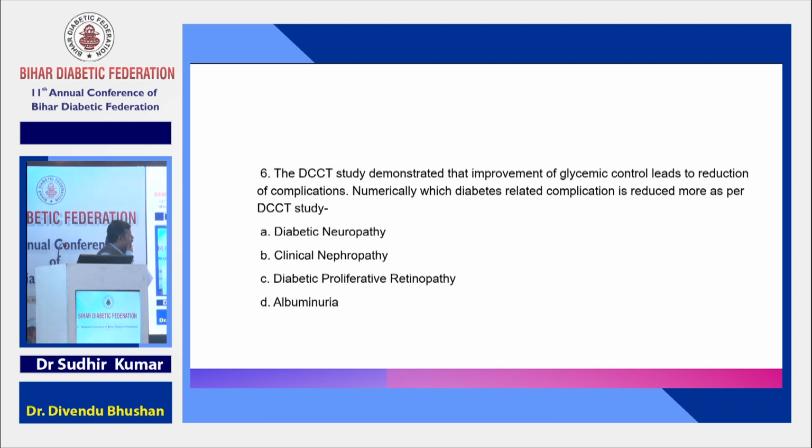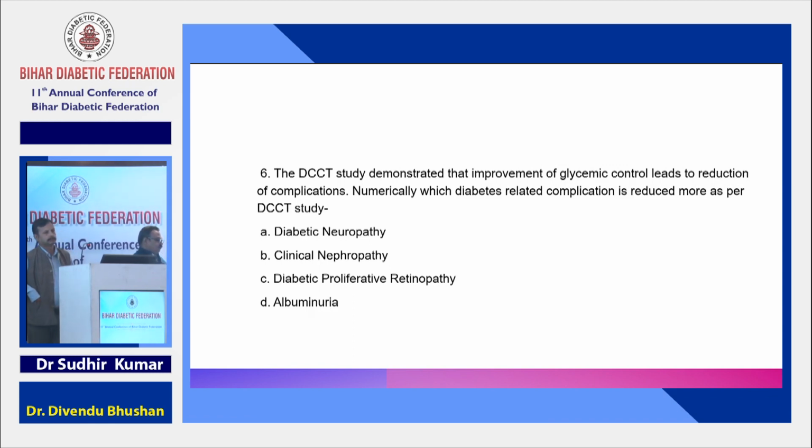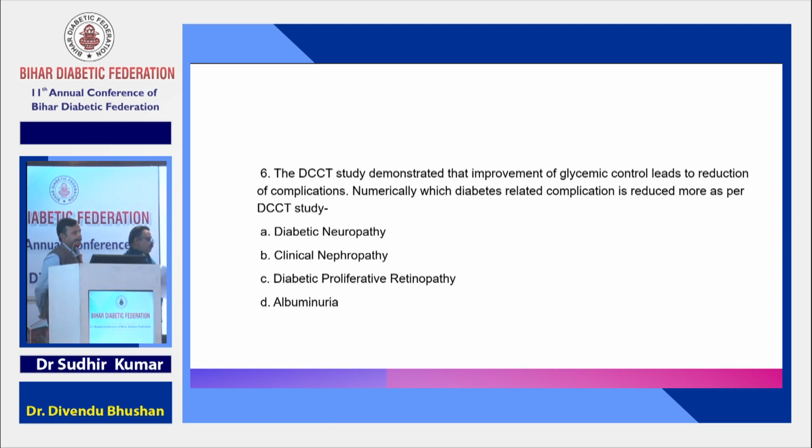Numerically, which diabetes-related complication is reduced more as per this study? Which complication was reduced the most? A bit faster. Time is going. Faster. Albuminuria. D. Wrong answer. It is diabetic neuropathy.